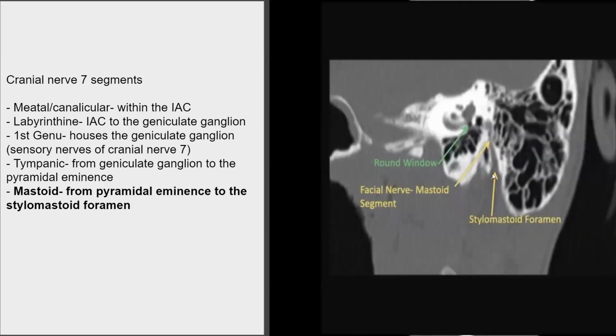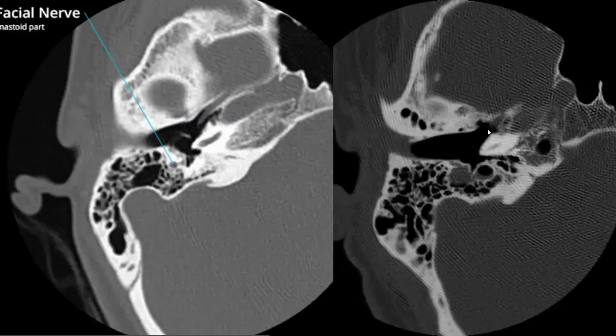Here's another look at the stylomastoid foramen, but more importantly, the mastoid segment. So the mastoid segment of the facial nerve is right next to the mastoid air cells, and then we have a posterior genu, which we can see right here. This is the facial nerve transitioning from the tympanic segment to the mastoid segment at this posterior genu.